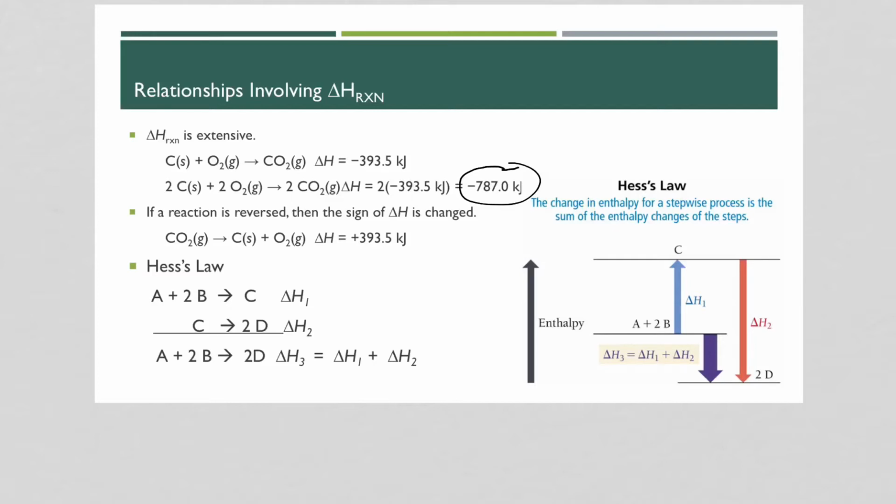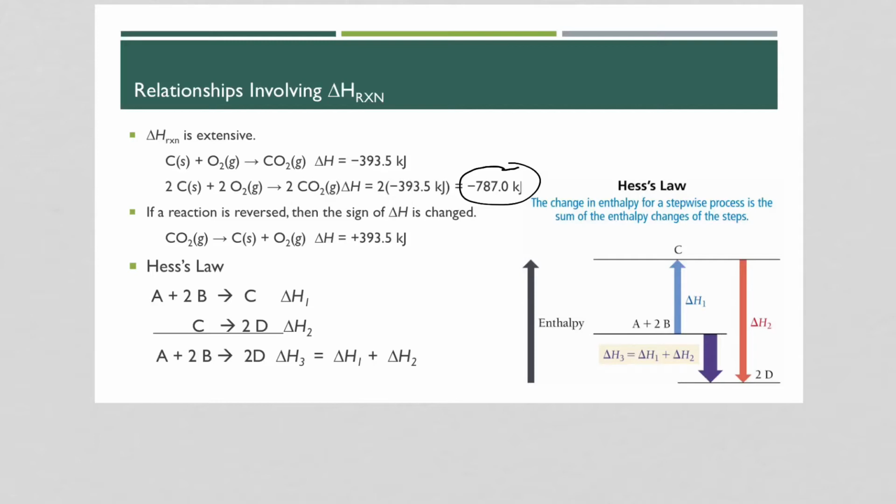an endothermic process, right? So the idea is that if I change the direction of a reaction or a change, the energy aspects are the opposite. So that, of course, means that the enthalpy sign will change. So the bottom line is, if I reverse the reaction, the enthalpy value is the same.